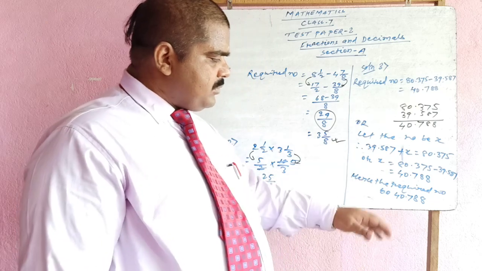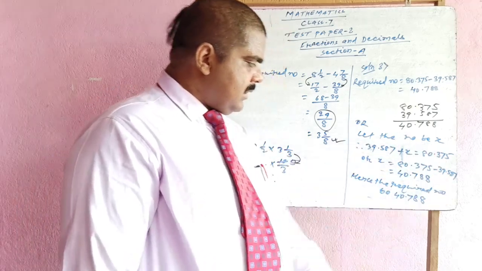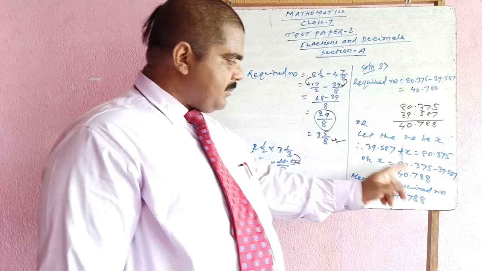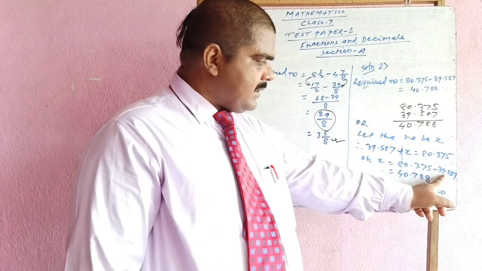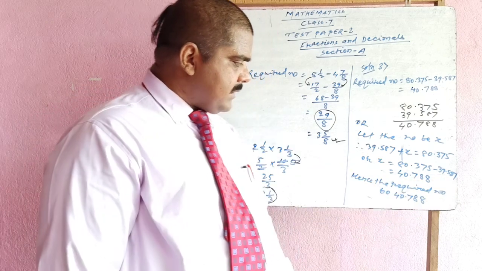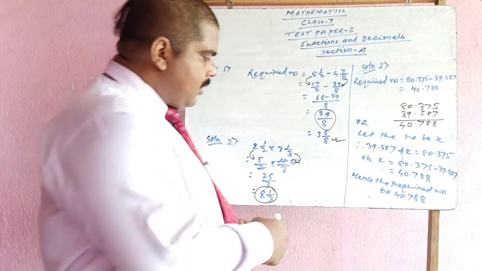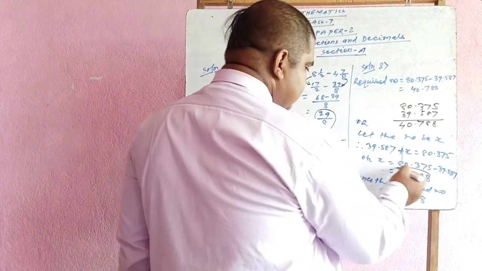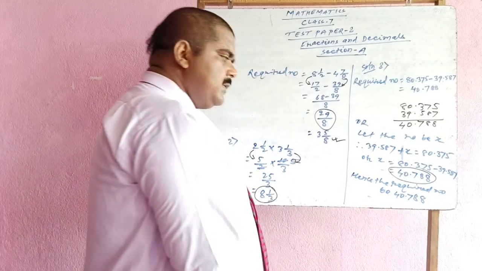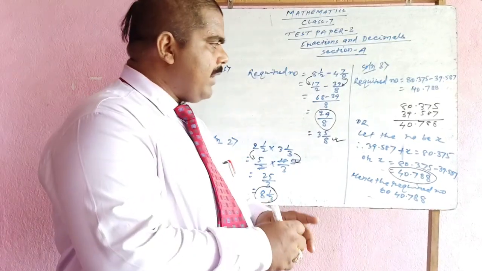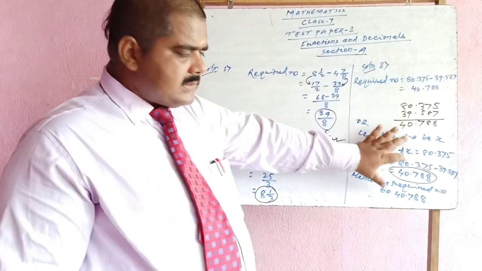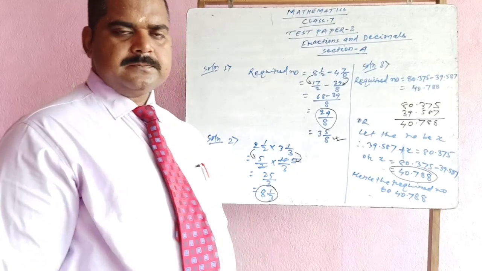By transposing, when you shift to the RHS, plus changes into a minus sign, so here I have written minus 39.587, and finally on subtraction we get the same answer, 40.788. Either you attempt this technique or that technique to solve the question.